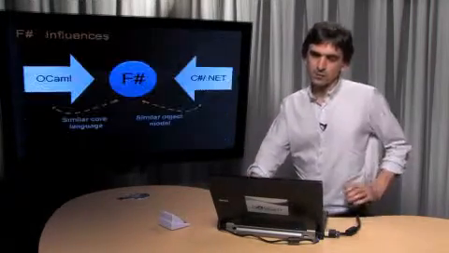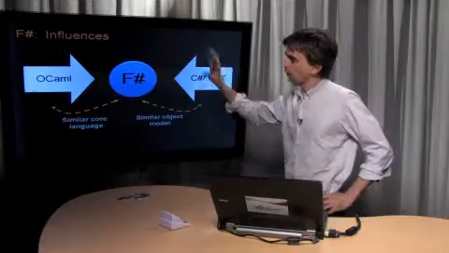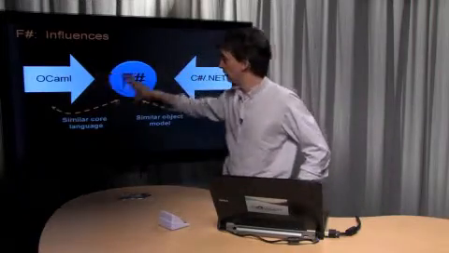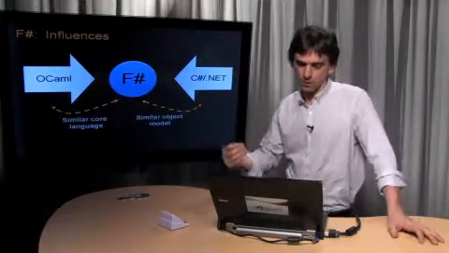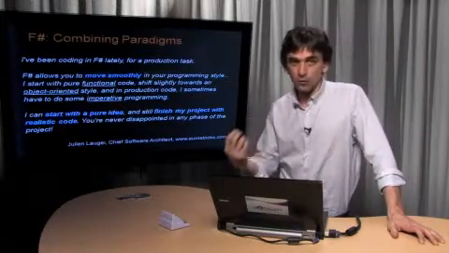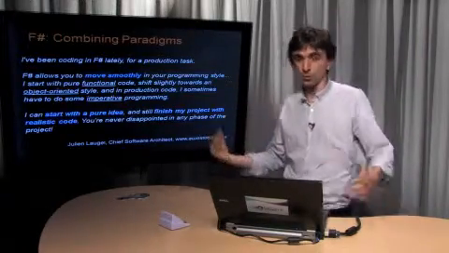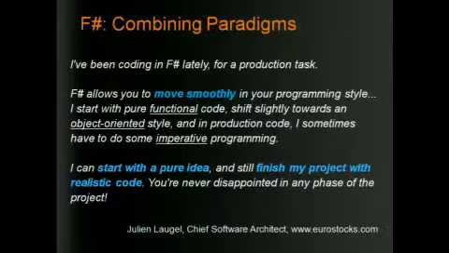So this heritage between functional first but embracing an object model goes through in the methodology of using F#. Here's a quote from Julien Laugel at Eurostox, a chief software architect there. He uses F# quite a lot to prototype his algorithms, and then he'll hand those off to be used in larger components at the company.